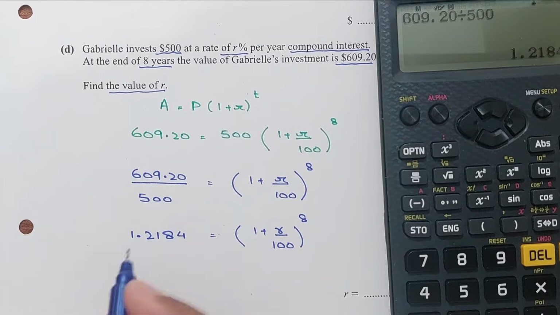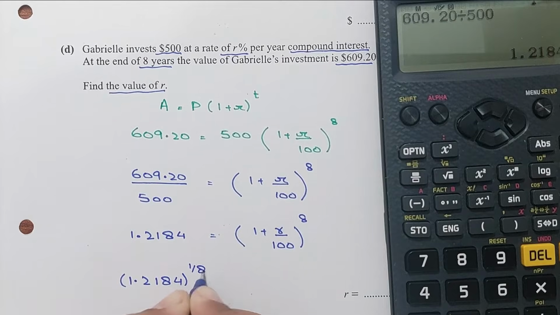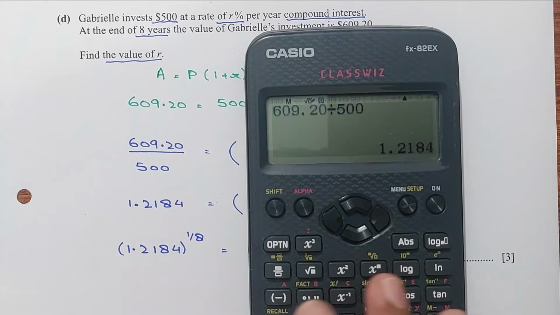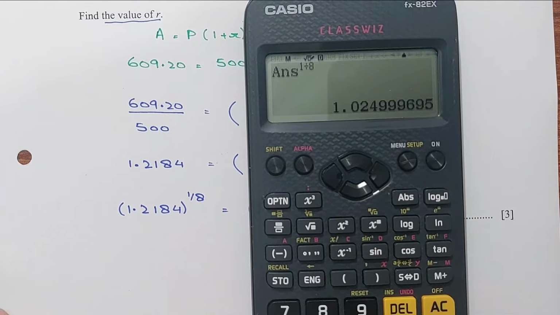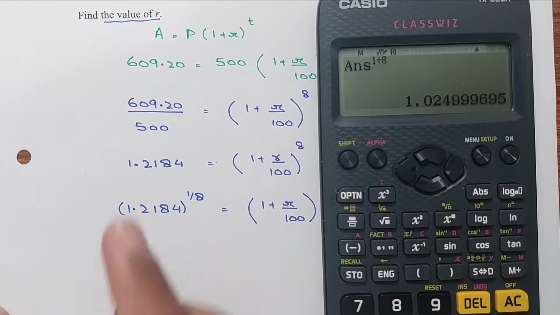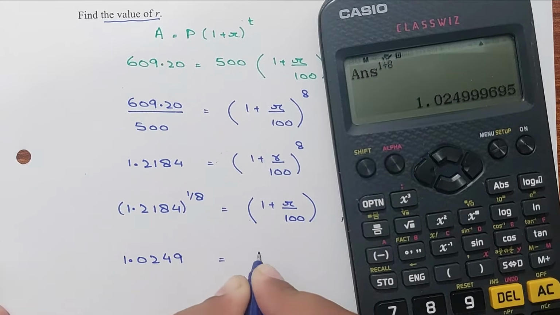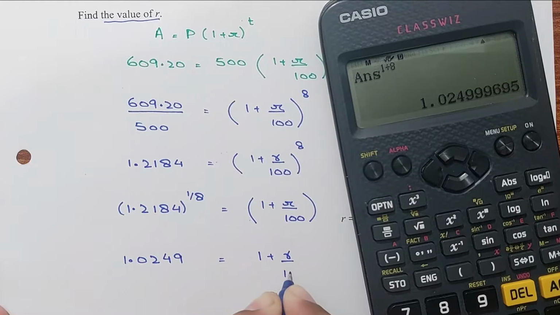Taking the 8th root on both sides, 1.2184 to the power 1 by 8 equals 1 plus r over 100. So its power would be 1 divided by 8. So I can say 1.0249 is 1 plus r over 100.